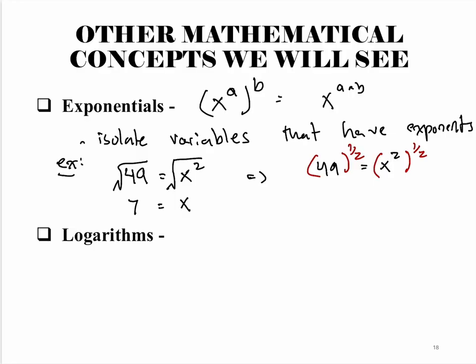Right? When we multiply two exponents, we add them together. An exponent of an exponent, we multiply these two values, right?